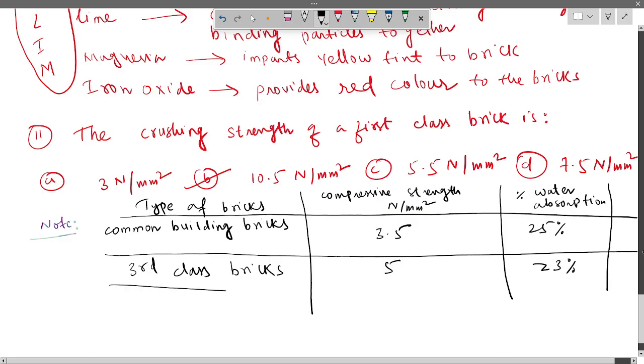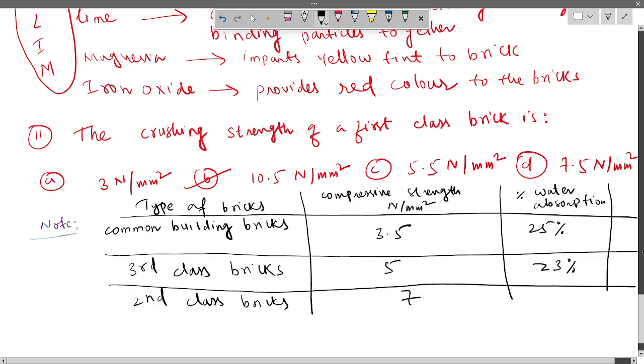For second class brick, this should be 7 Newton per millimeter square, and water absorption should not be more than 22%.